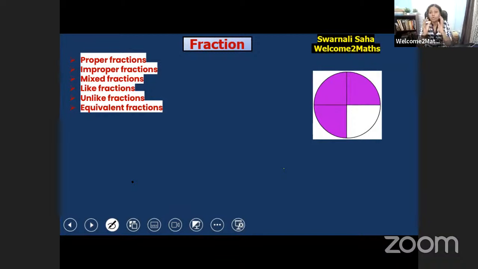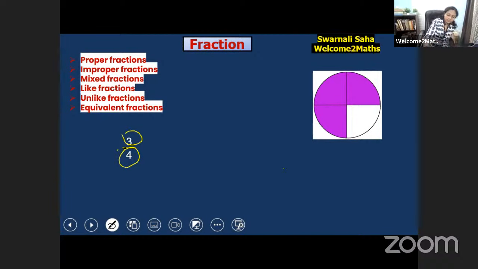There are so many types of fraction, just like proper, improper, mixed, like and unlike fractions, and equivalent fractions. So do you know about something? What are proper fractions? Proper means 3 by 4, where the numerator is lesser than the denominator. That means the denominator would be higher.